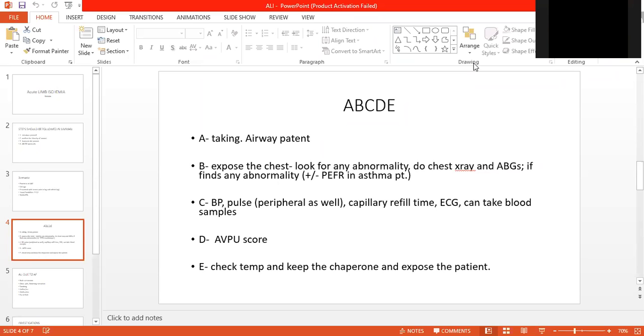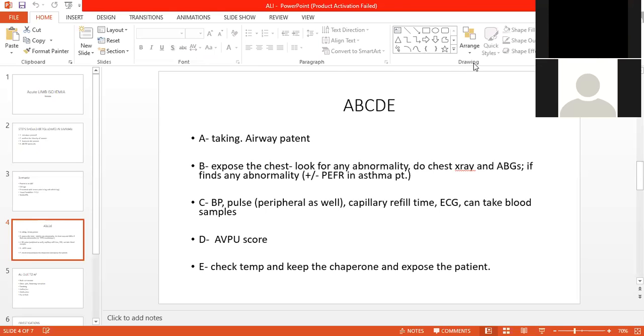For that, you have to ask, do you need a painkiller or not? Once you're done with that part, whether he needed a painkiller or not, you will comfort or reassure the patient, as I mentioned earlier, by saying, okay John, I'm here. I just quickly need to look at you from head to toe to see what's going on with you, and then we can work on it together. So please bear with me.